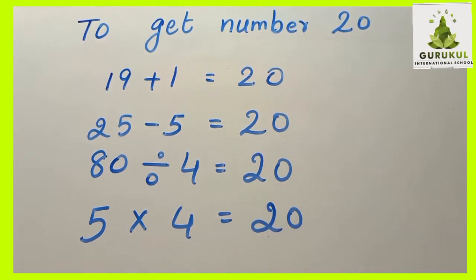They may be the result of different operations on the left hand side and right hand side. Now see here, it was addition. Here the answer on the right hand side is because of subtraction. Here the answer on the right hand side is because of division, and here due to multiplication. Different operations lead to the same answer, and both the left hand side and right hand side are balanced. Balanced means equal.